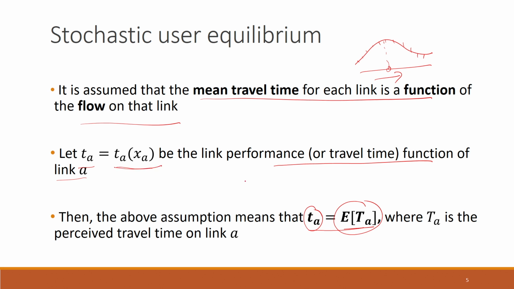For example, if for link a this T_a(x_a) is, suppose, 1 plus 2x_a squared, then the perceived travel time is given by T_a, and we take the expected value of that. The expected value of the perceived travel time on link a will be equal to 1 plus 2x_a squared. That is, the expected value of the perceived travel time on this link will be a function of the flow on that link. Okay.